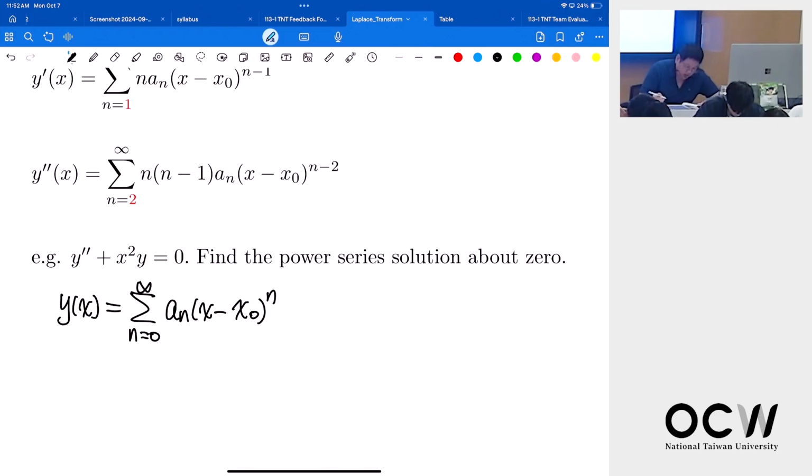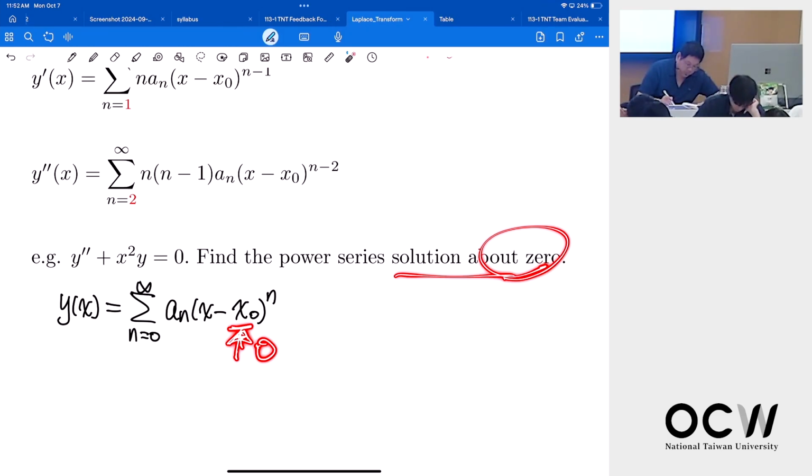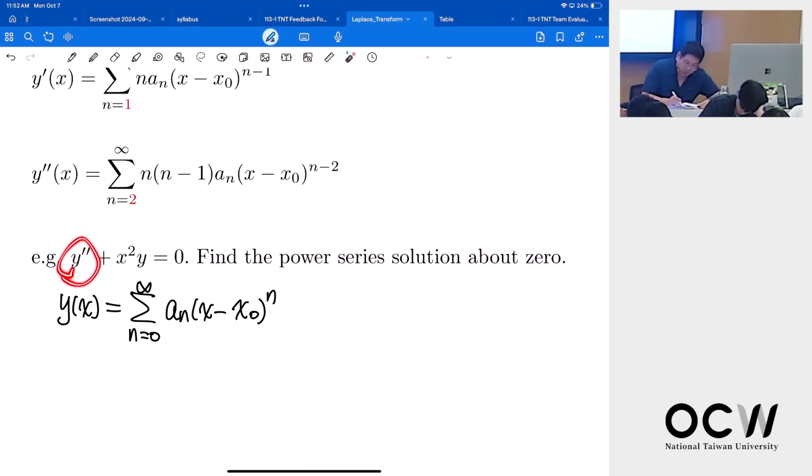And the good thing is that here, a solution about 0, so x naught is 0. Y double prime, we don't have y prime, so good.